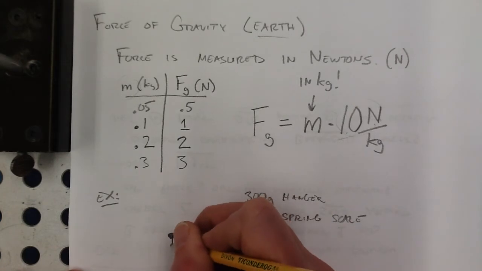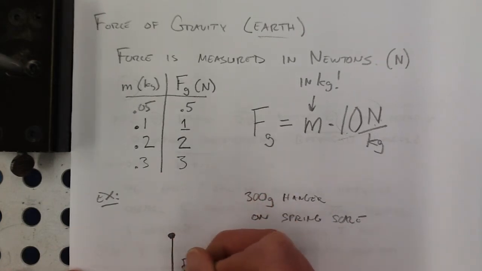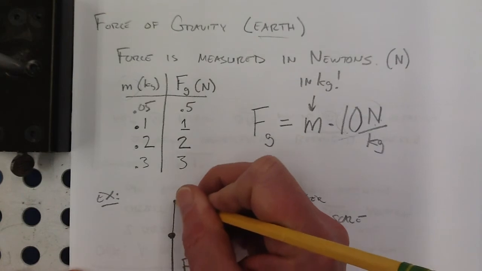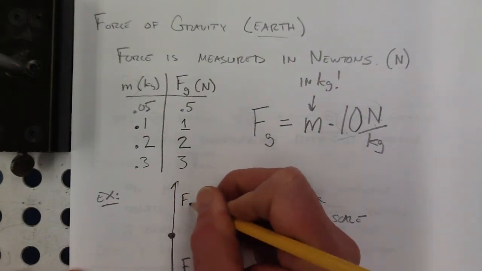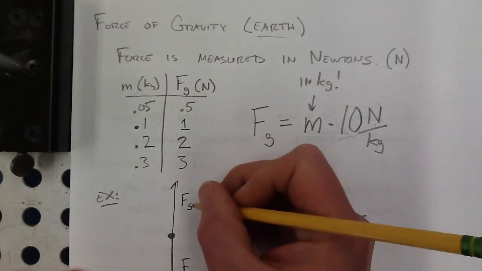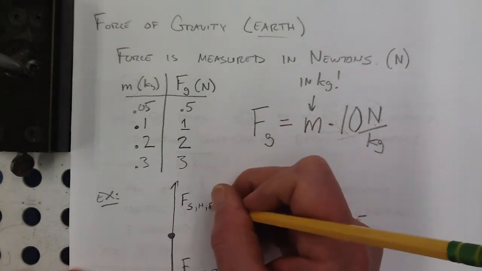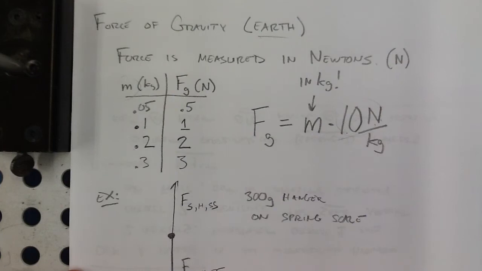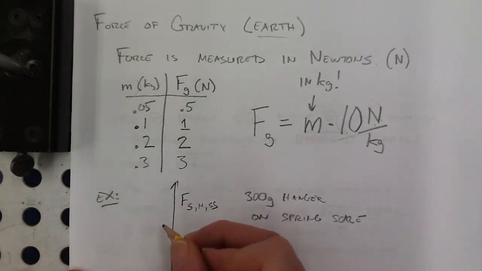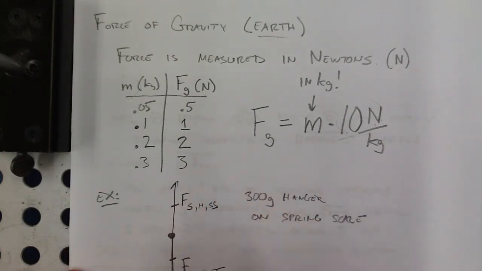So what are the forces? Well, there's a force of gravity down, and that's a force of gravity on the hanger from the entire Earth. And then there's a force up. I'm going to call that force of spring on the hanger from the spring scale. And it's just hanging there, not moving. So that means the forces must be balanced.